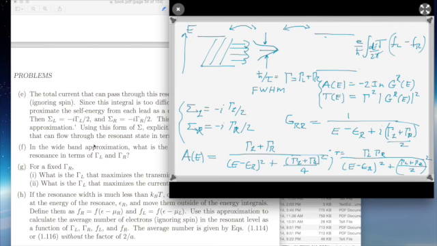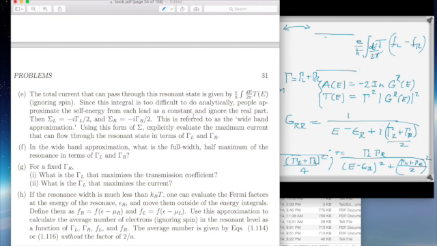The problem says use this form of sigma to explicitly evaluate the maximum current that can flow. So basically, you're just integrating this expression for T, and the only thing that's going to be left is gamma L and gamma R in the final expression for the maximum current that can flow, times an E over h bar.